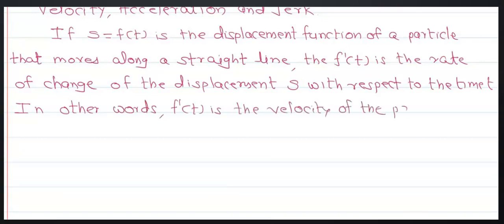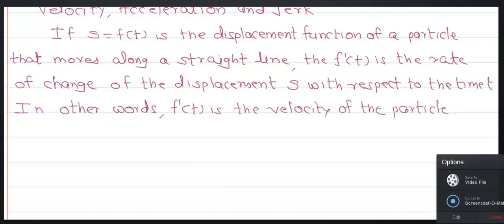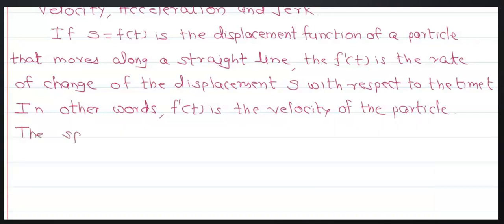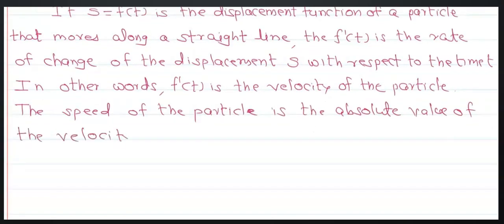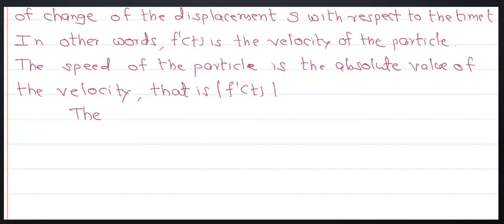In other words, f dash of t is the velocity. If we find the first derivative, then we get the velocity. If you find the second derivative, you will get the acceleration. The speed of the particle is the absolute value of the velocity, that is mod of f dash of t.